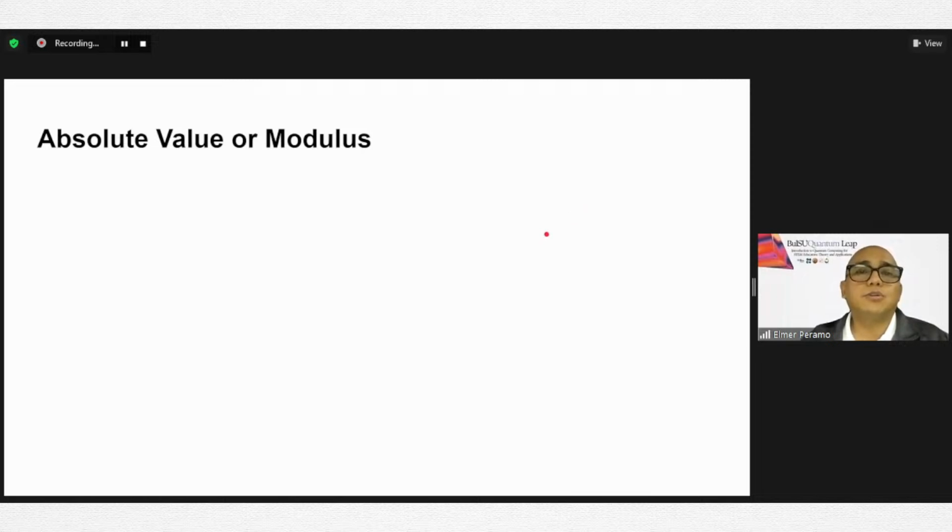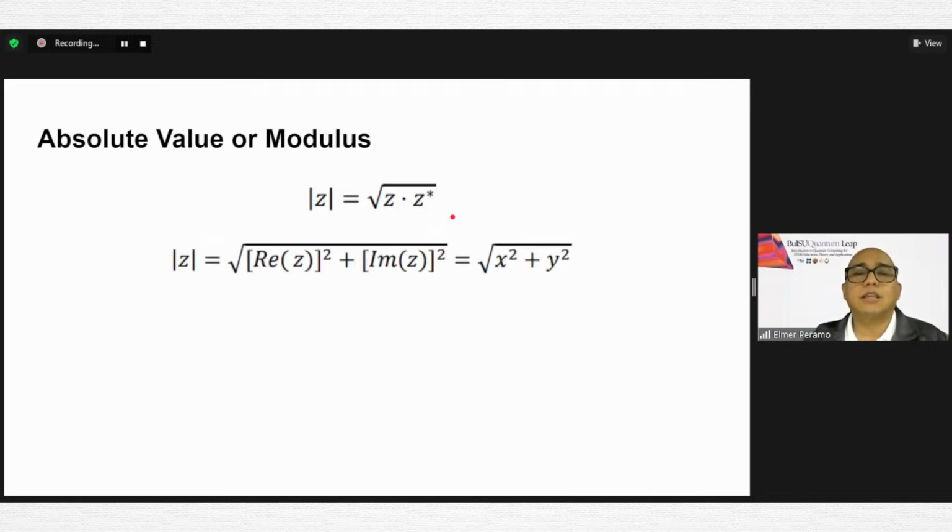Absolute value or modulus, in relation to the complex conjugate, is just the product of the complex number and its conjugate. Why is that? Because a complex number z is a plus bi, or in this case, x plus iy. You multiply that with its conjugate, which is x minus iy.